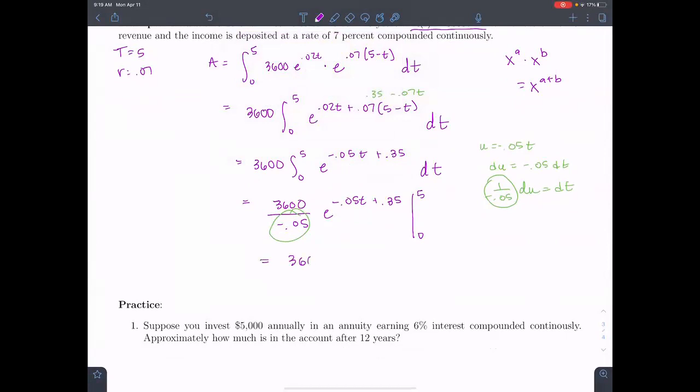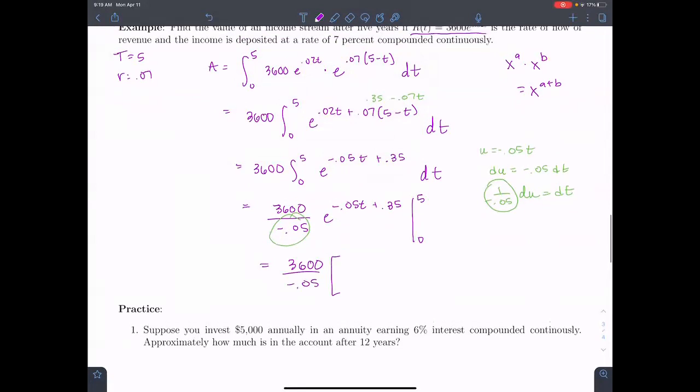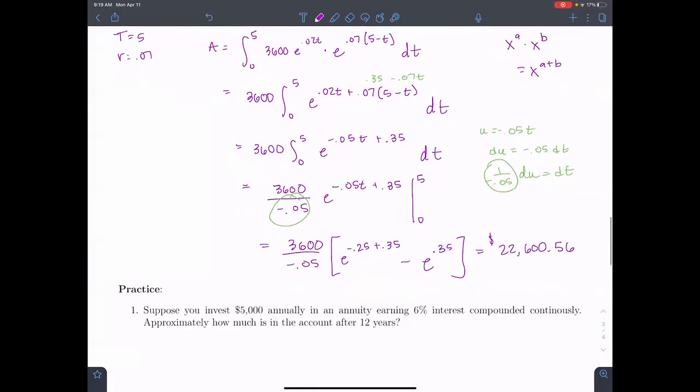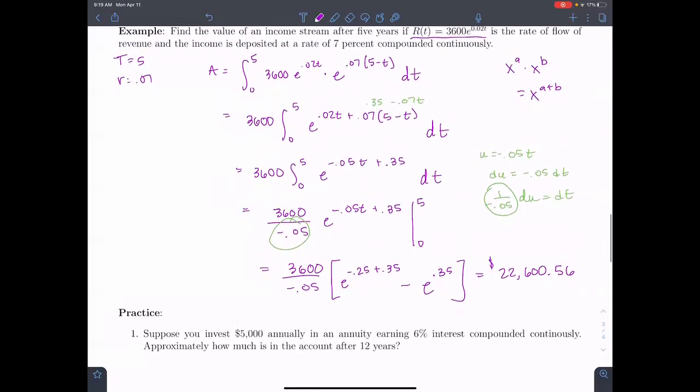You get 3,600 over negative 0.05 times e to the negative 0.25 plus 0.35, minus e to the 0.35. Plug that into a calculator and you get $600.56. So that is our first income stream.